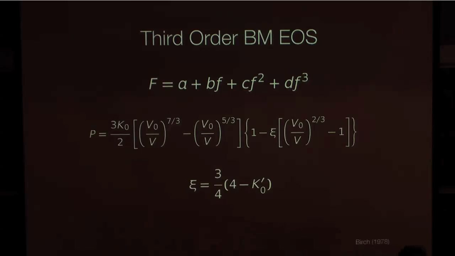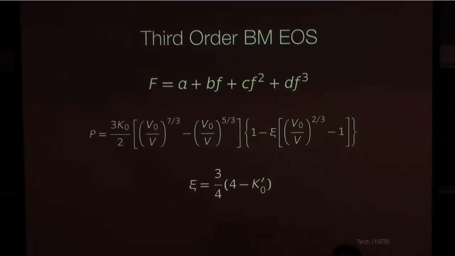If you look at this equation, you'll probably realize a nice aspect of the relation between third and second order. If you plug in 4, it turns into the second order, because this term goes to 0, and this is the only term that survives. That's essentially the second order equation of state.